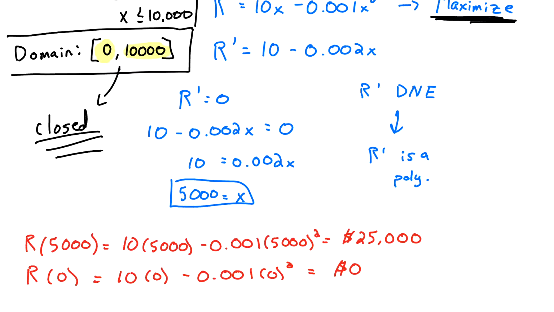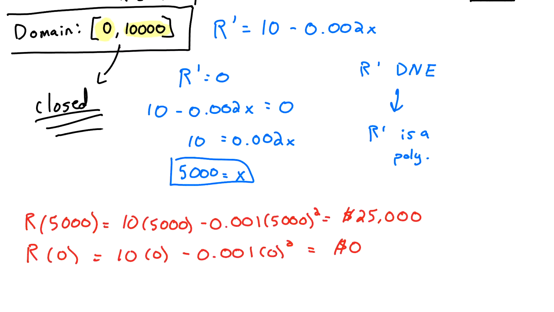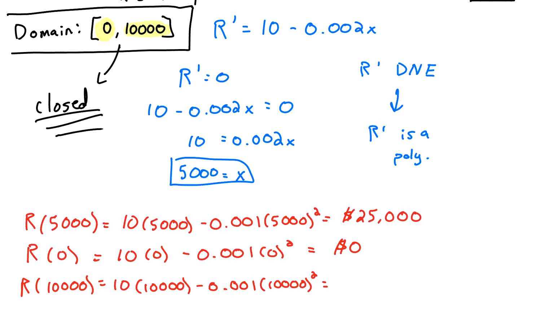That's not going to be our absolute maximum. Then I'll do the same thing with our right endpoint. r of 10,000 is equal to 10 times 10,000 minus 0.001 times 10,000 squared. And if we crunch some numbers here, we end up with $0 once again.